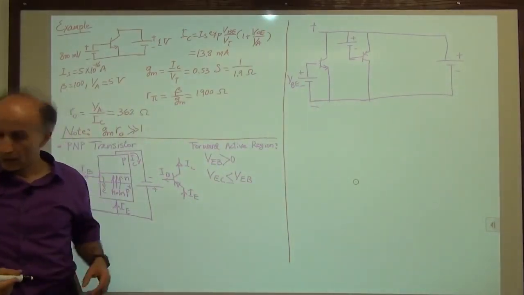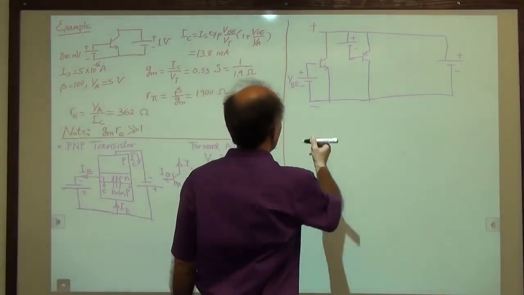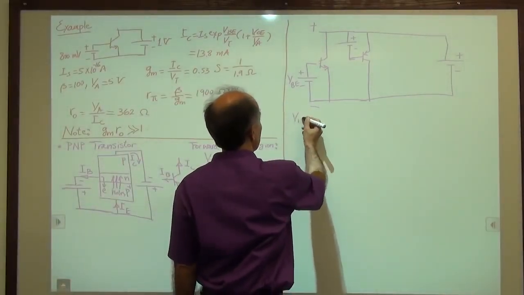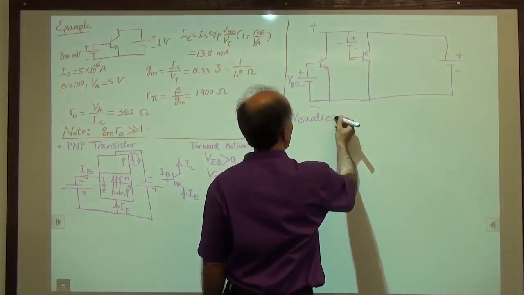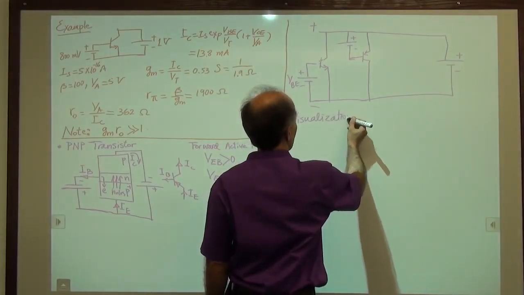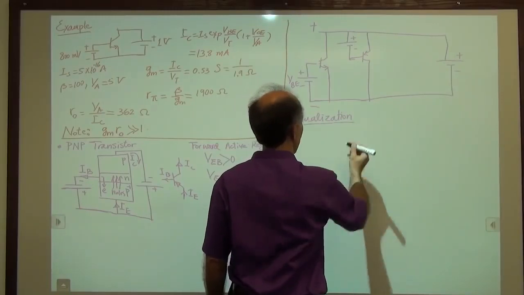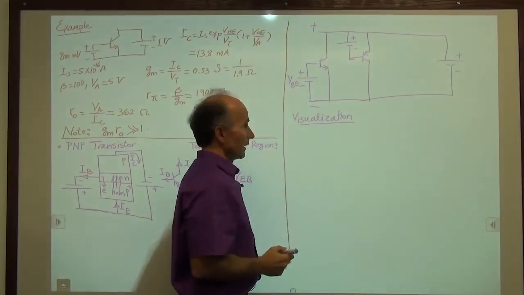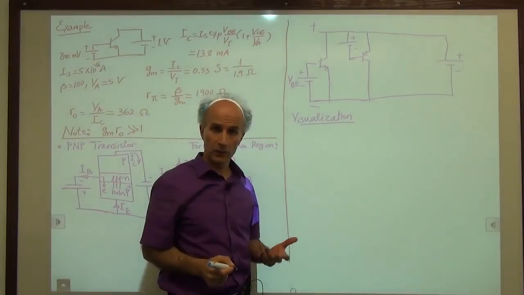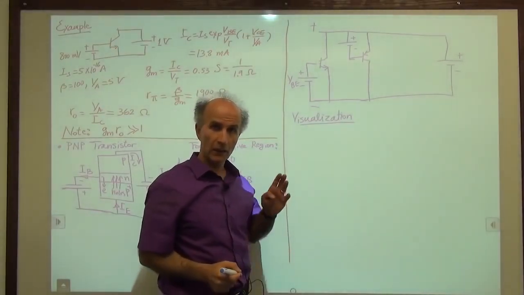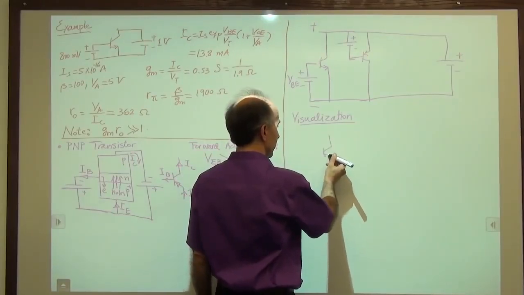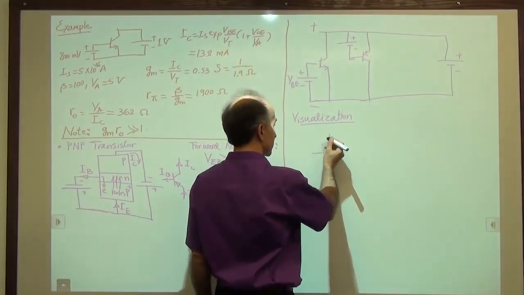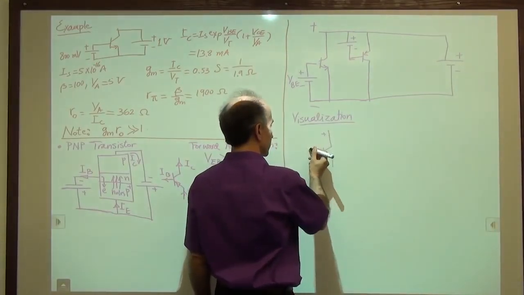Okay, one quick note. So this is what I call a visualization of how these devices operate. So let's draw the NPN device, which is more familiar, in 3 regions of operation. So NPN device, plus minus.